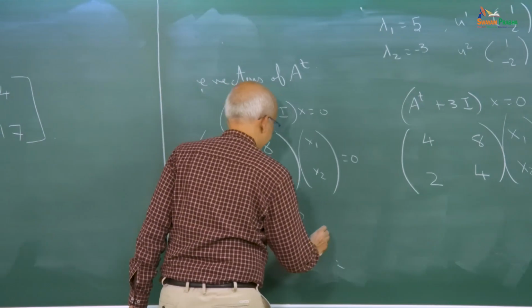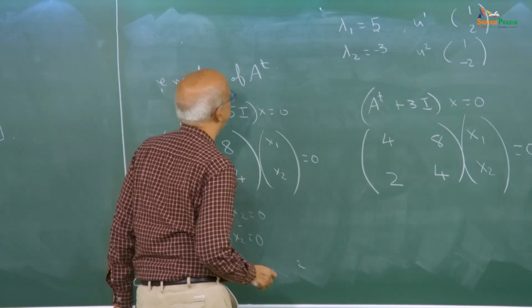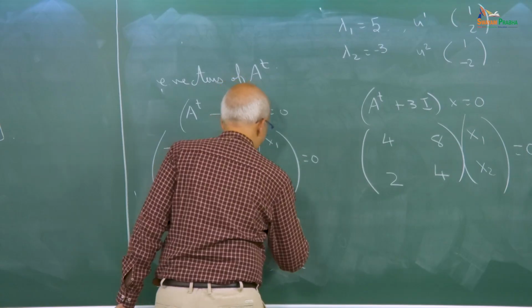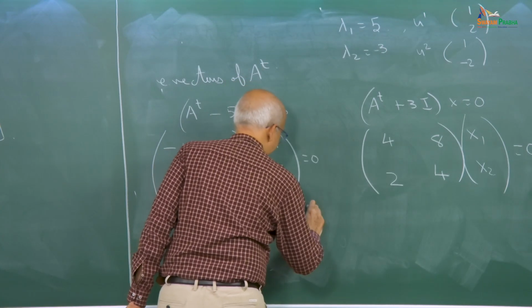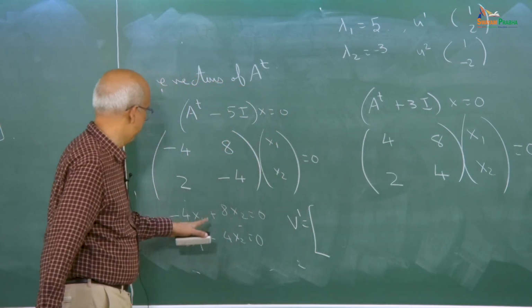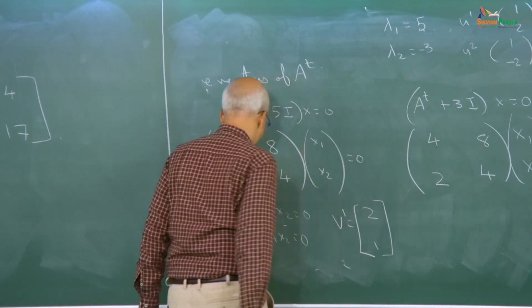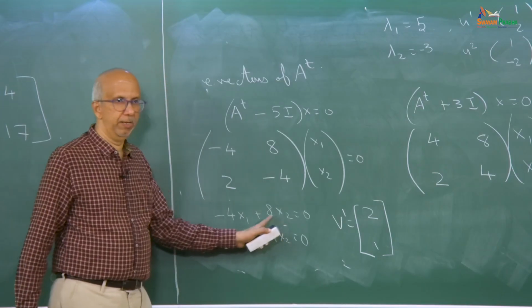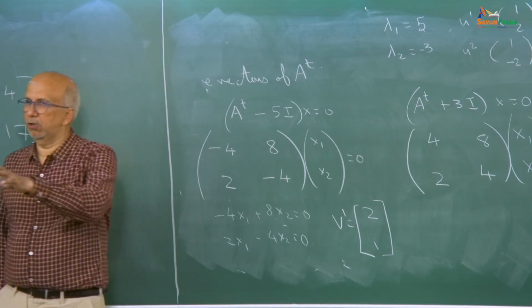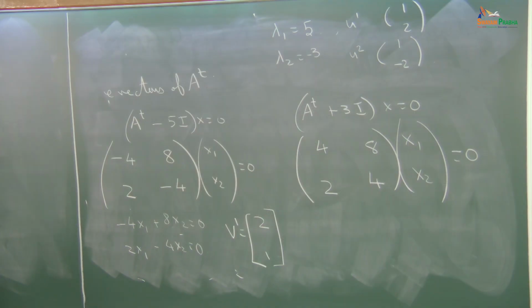Okay. So, which was the first eigenvalue? 5, no? So, this is V1. V1 will be 2 1. I put x2 equal to 1. See, so whenever you are solving the eigenvectors, there has to be a dependency in the equations.